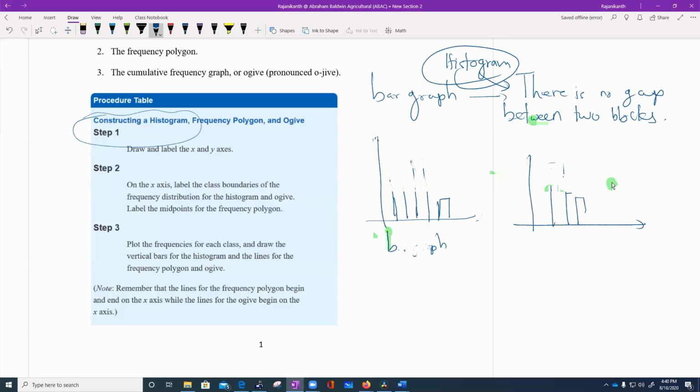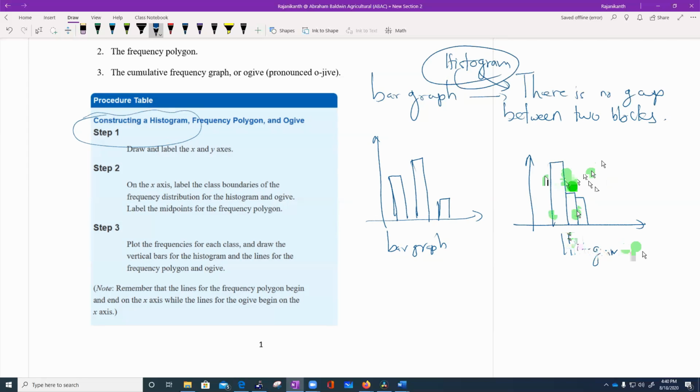That's why I need the class boundaries, to make a continuation from one point to another. So your histogram should look like this, with no gap between two blocks. You have to join all the blocks. Make sure you are not making any mistake when you draw a histogram. If I see any gaps between two blocks, that means it is not correct.